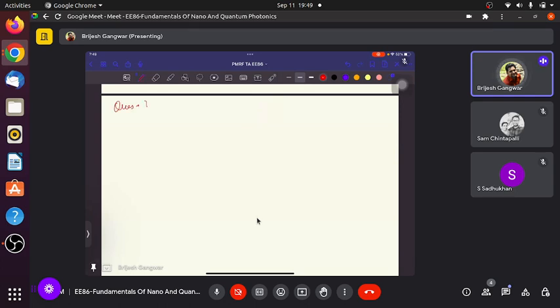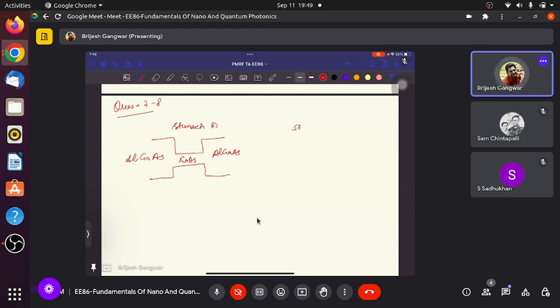For question 7 and 8, there is one structure like that. So this is gallium arsenide, this is aluminum gallium arsenide, this is structure A. Okay.